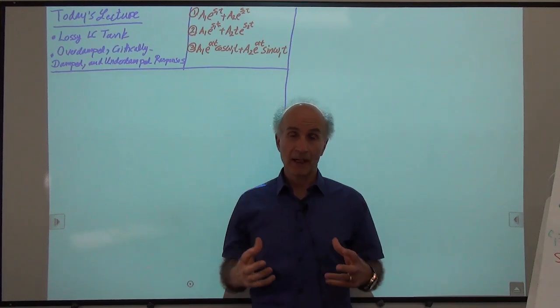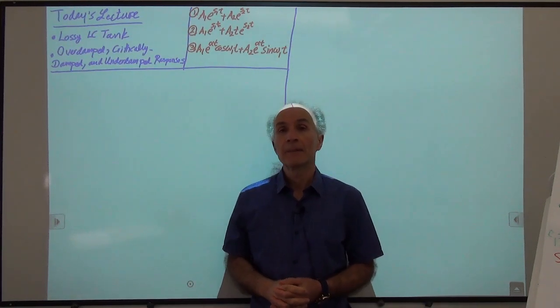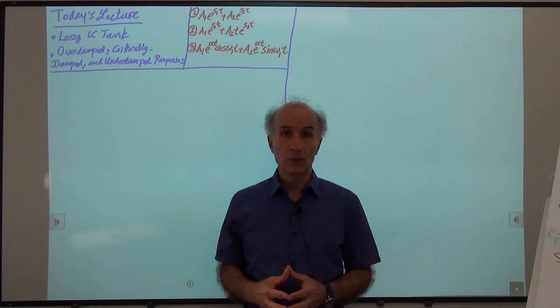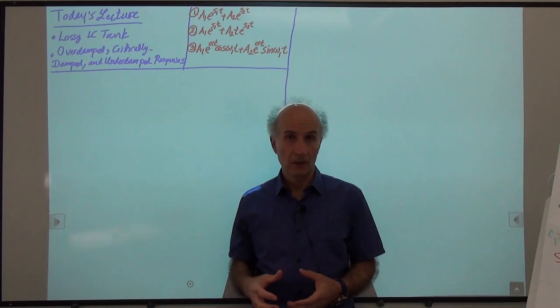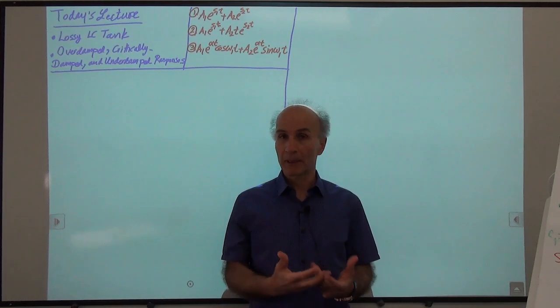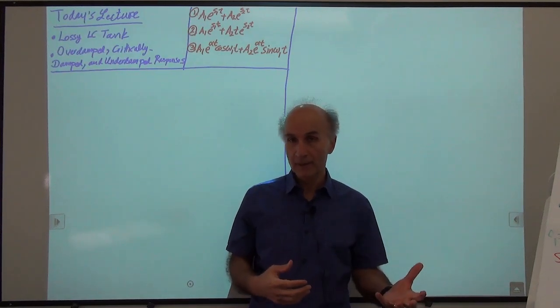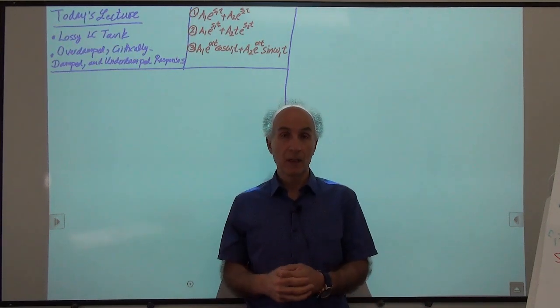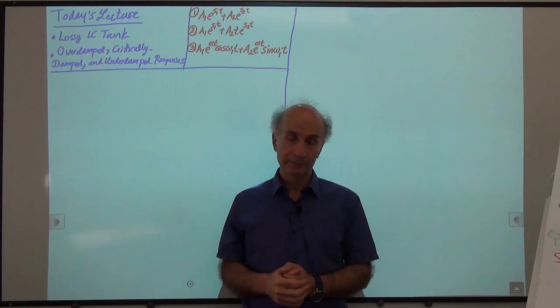And we'll see that these actually are very interesting, and they are not just related to circuit theory. They can be also invoked in many different applications, such as mechanical systems, biological systems, social systems, etc.